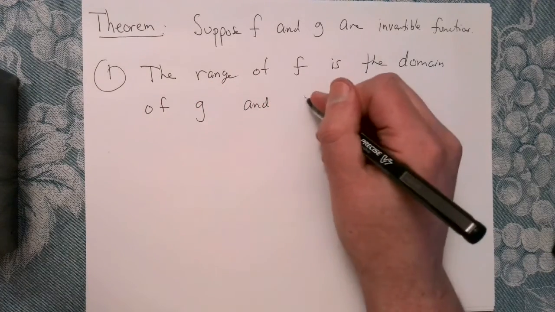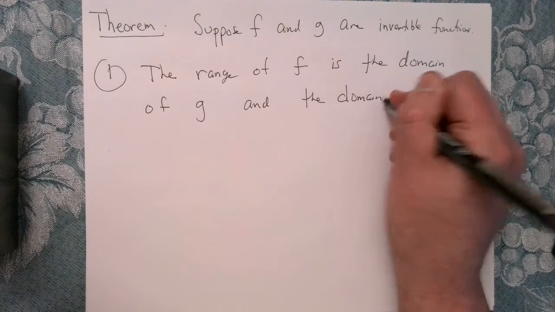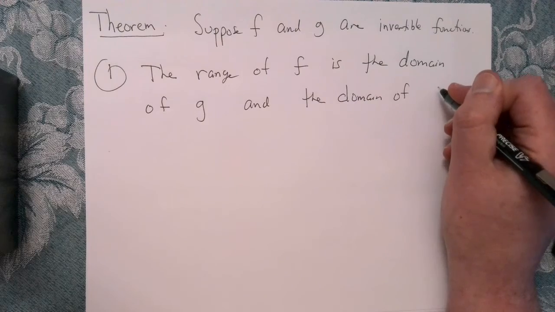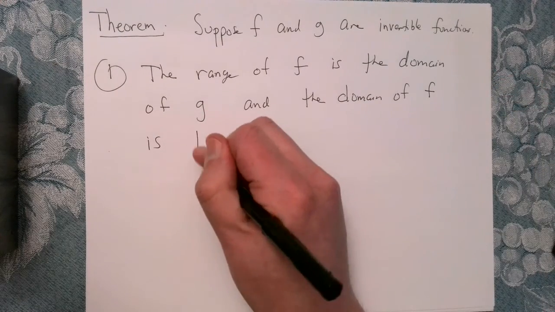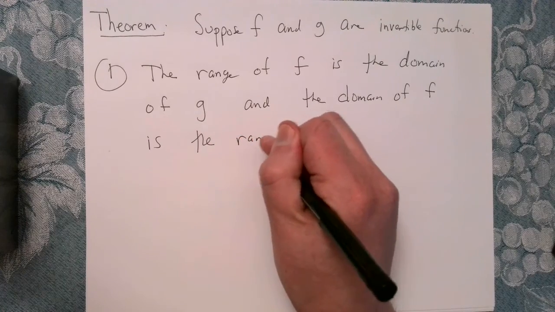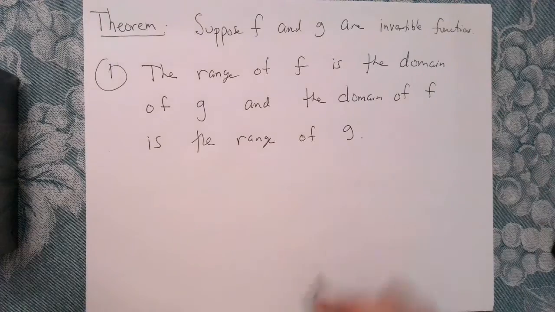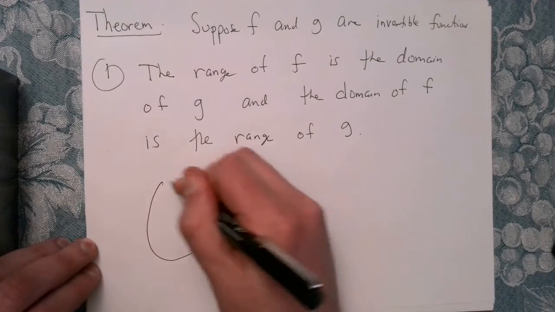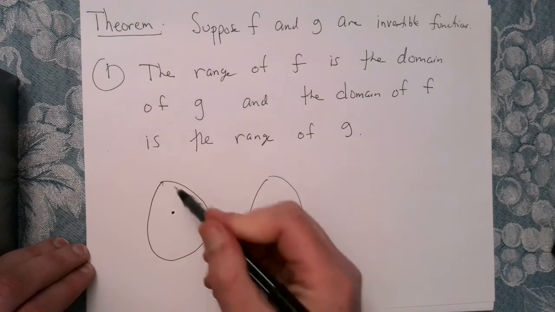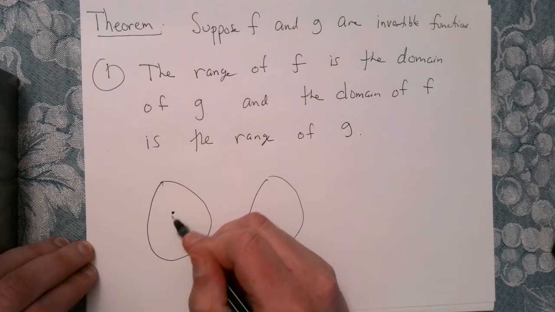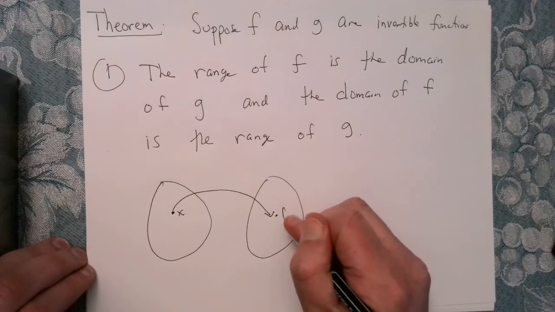And also, well, the domain of f is the range of g. Maybe that's not so surprising. So think about the story that we had before. So I just showed this on one element. Of course, there could be several. So there was x. We brought it over here via some map f.